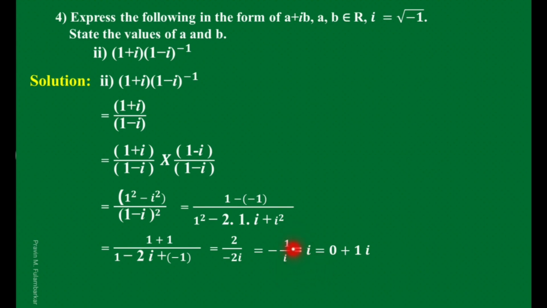So you get -1 upon i as i. So this i can be written as 1 plus 0i. So after comparing this with a plus ib, you get a equals 0, b equals 1. So in this way we solved question number 2, sub question of 4.